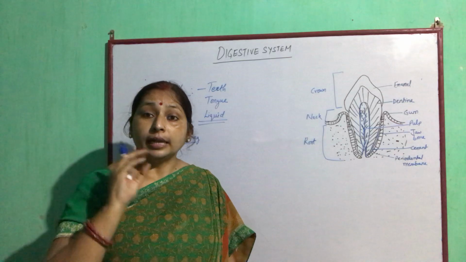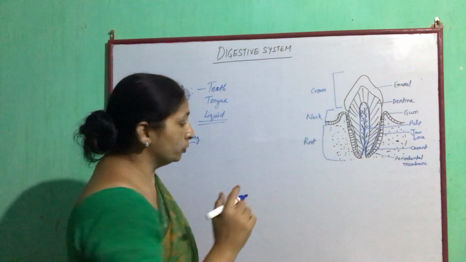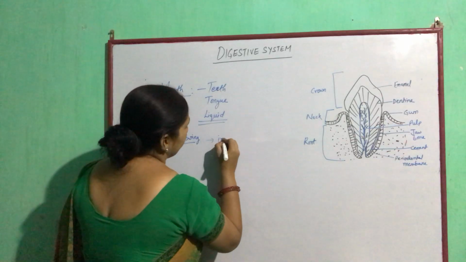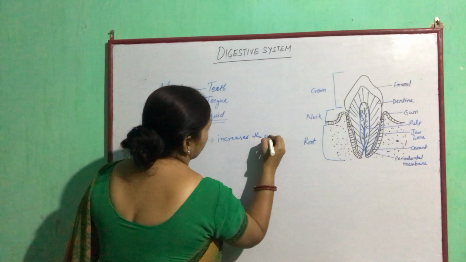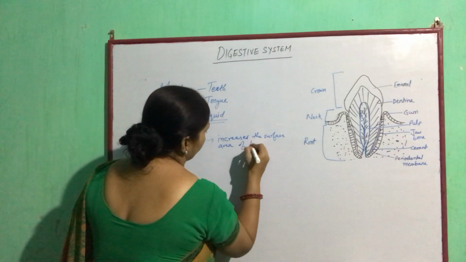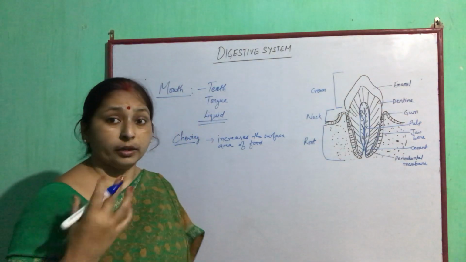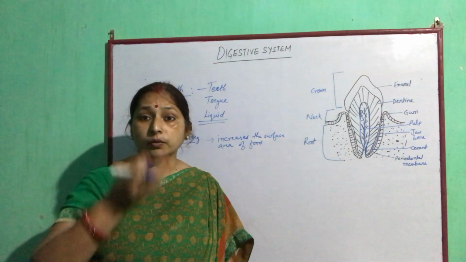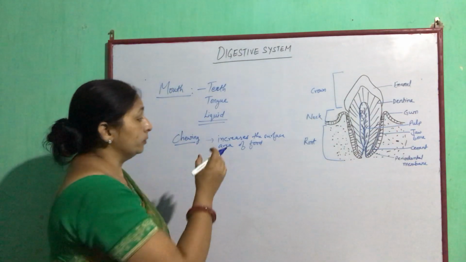Chewing the food helps to increase the surface area of the food. Now why is this required? Why are we increasing the surface area? We just want to take it inside, but we are increasing it.